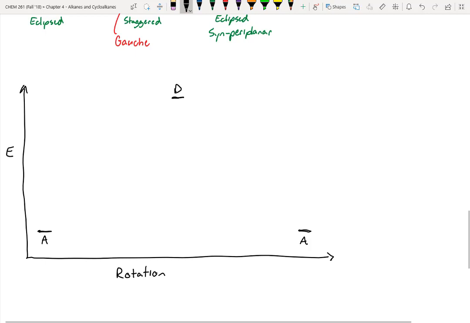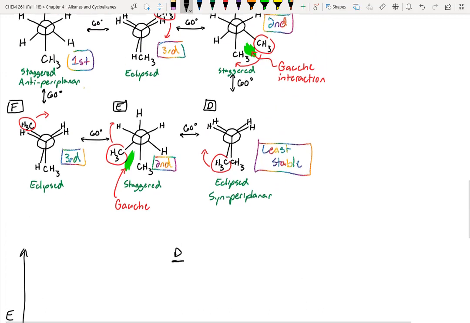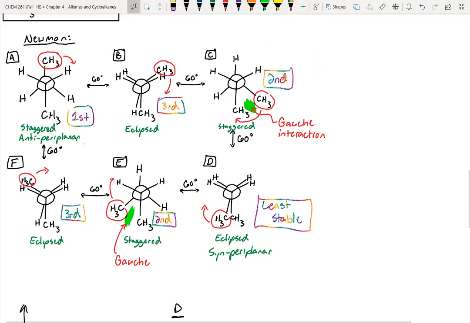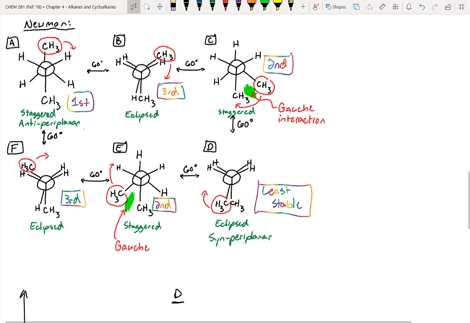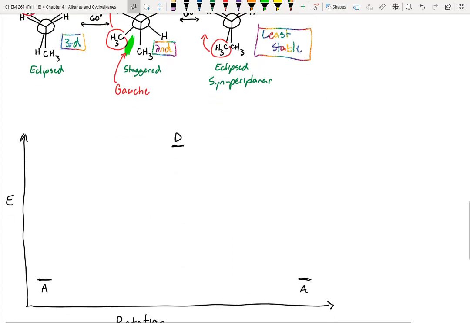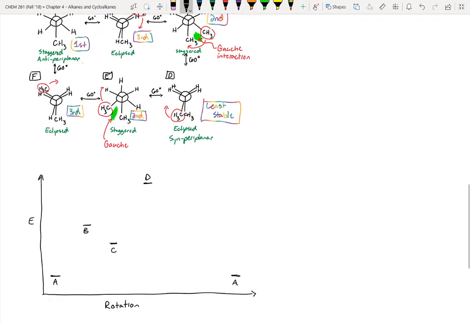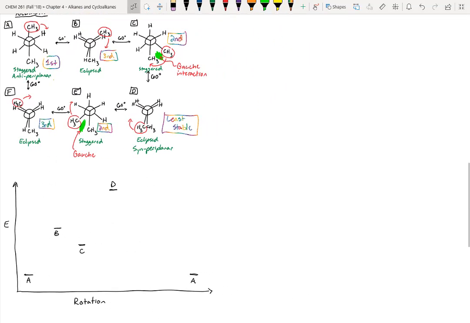And then if we think about A going to B, we're going to a really high energy, and then we're going back down to second most stable. So I'm going to put this up here. So I'd say B and then C. So can you see? Let's zoom out a bit. We said A is definitely the most stable. We're going to have to apply energy to get to B. That's our eclipse conformation.